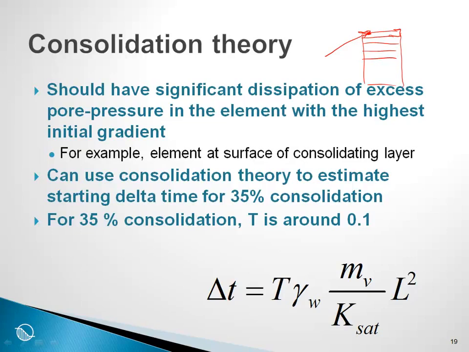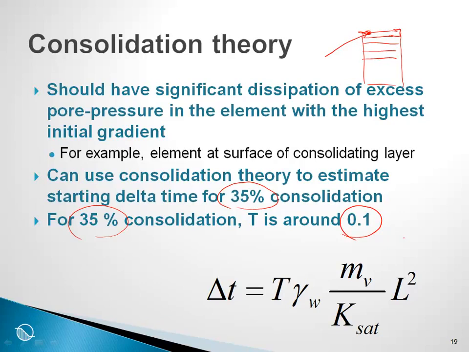If we make the assumption that we would like to look at the change in pore pressure with about 35% consolidation in the first element, and if we go back to the theory of consolidation in most textbooks, we have what is known as a time factor, and a time factor for 35% consolidation is around 0.1.